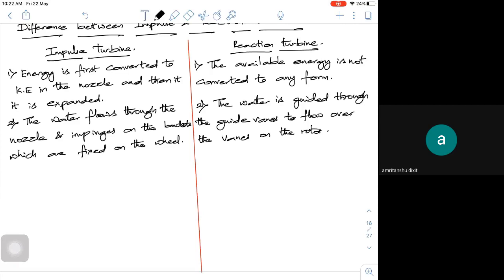What will happen to the pressure of the flowing water in an impulse machine?